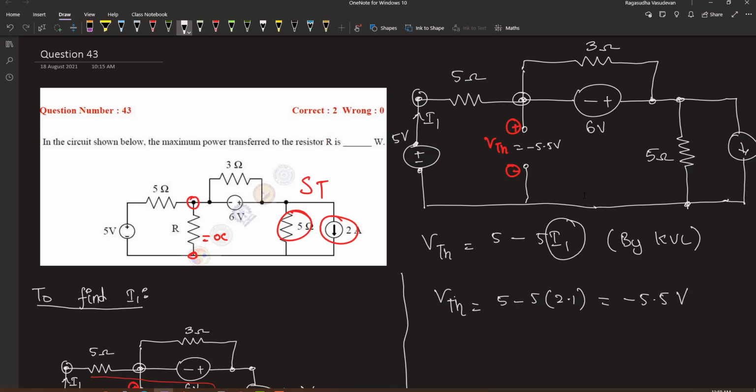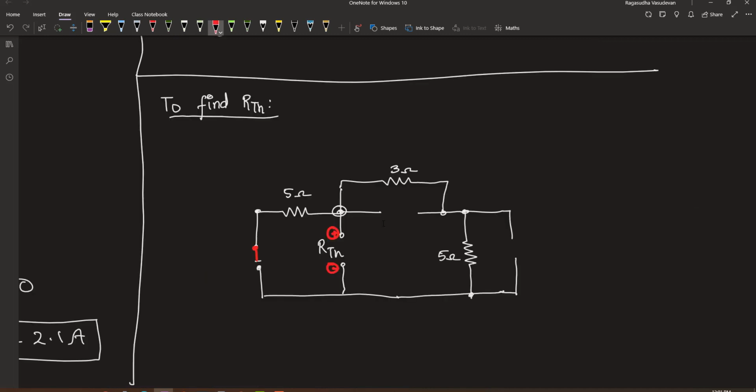Now let us find the Thevenin equivalent resistance across the load terminals. For that we need to short circuit the voltage sources and open circuit the current source. So this path is shorted and this is shorted as well, and this is left as an open circuit because we had a current source over here.